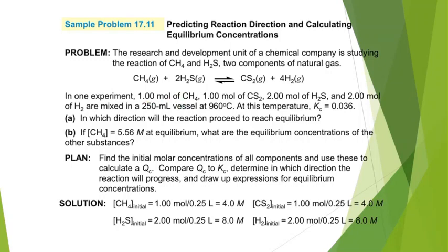So in the experiment, 1 mole of the CH4 was introduced, 1 mole of the CS2 introduced, 2 mole of the H2S, and 2 mole of the H2 mixed in 250 ml vessel at 960 degrees C.